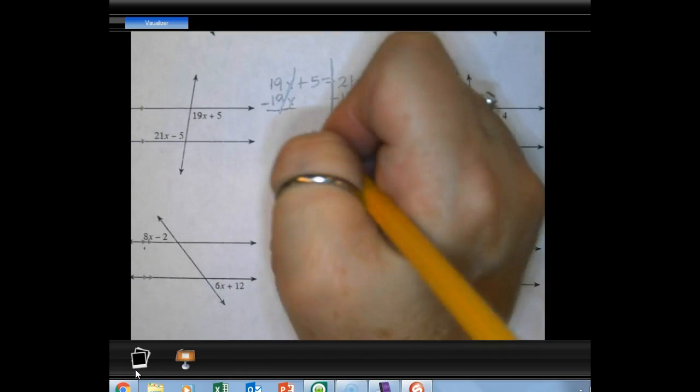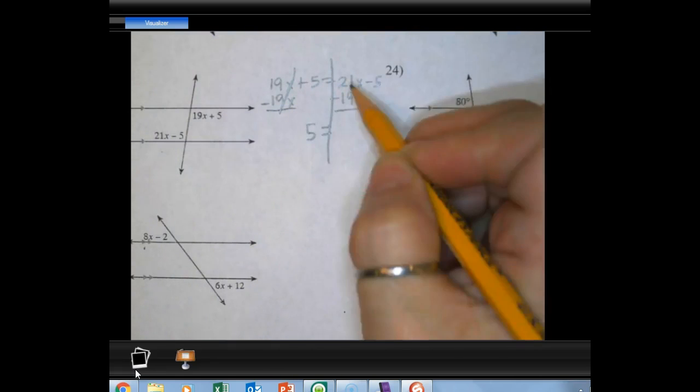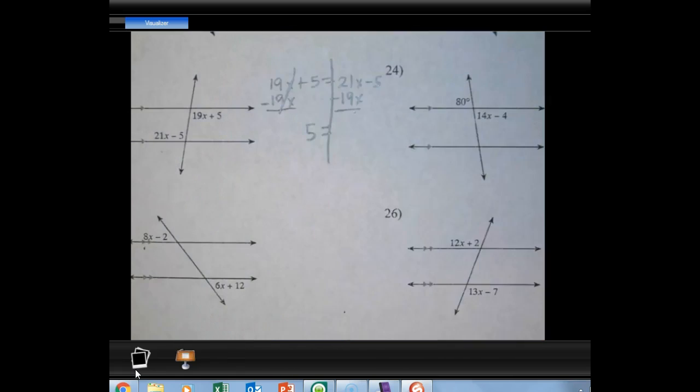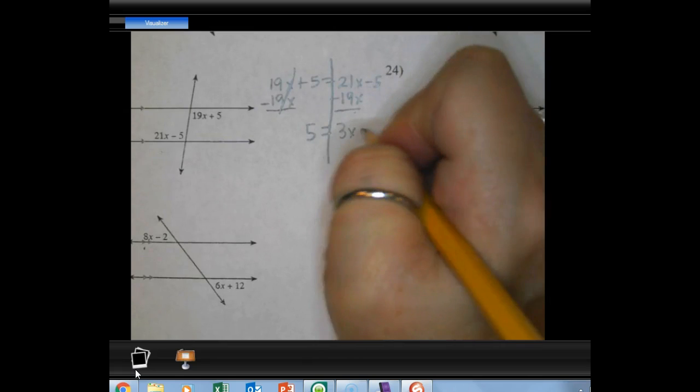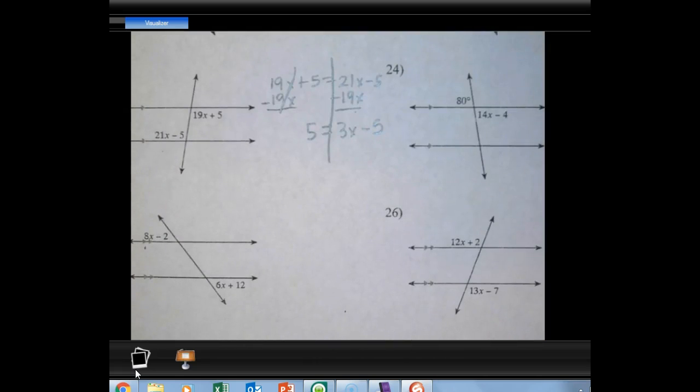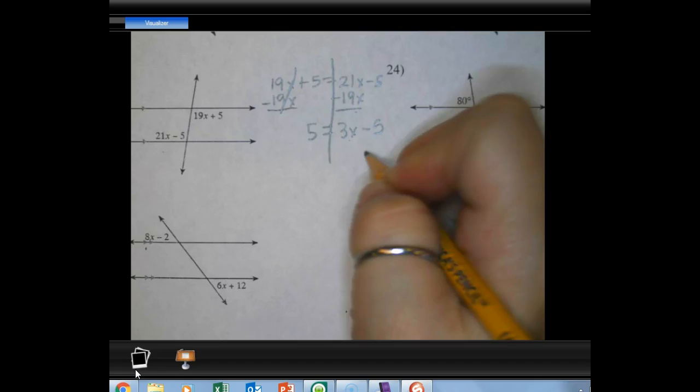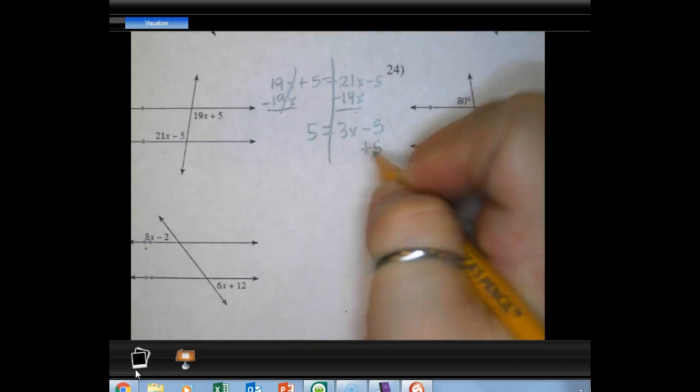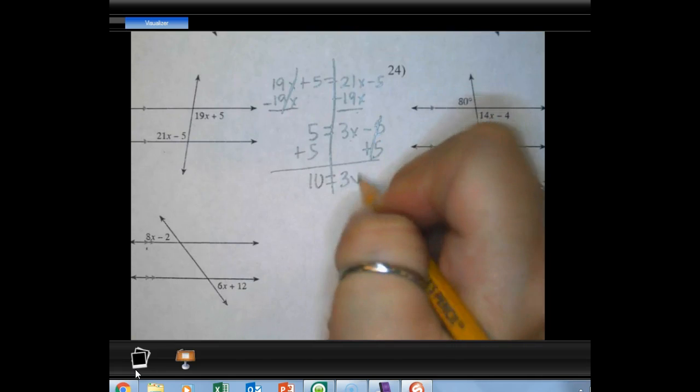I'm going to end up with 5 is equal to, what is 21x minus 19x? 2x minus 5. What's my next move? I want to add 5, right? Because I want this 2x by itself. Eventually I want x by itself. So I need to move this negative 5 by adding 5, right? So now I have 10 is equal to 2x.